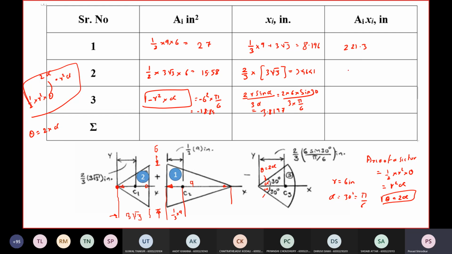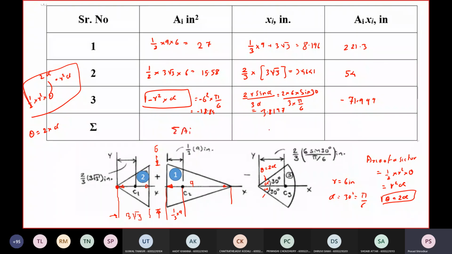So whenever a particle moves with uniform velocity... Second is 53.97. Correct, 54. Third is minus 71.96, or 17.8.